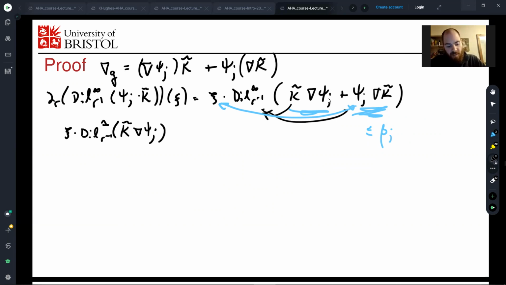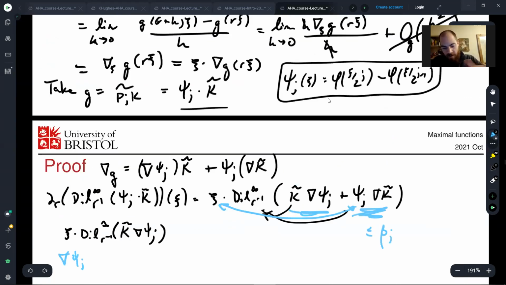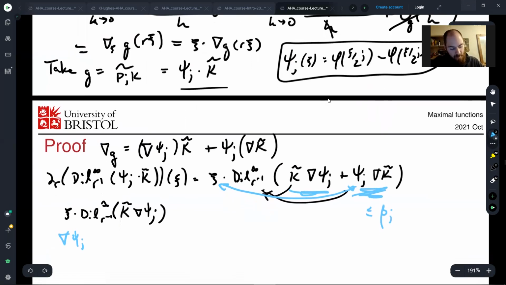Well, that gradient of psi_j is actually going to pull out a factor of 2 to the minus j. In particular, I have the gradient of psi_j, which, remember, psi_j is this thing right here. That's going to be equal to 2 to the minus j times the gradient of psi_1 evaluated at c over 2 to the j.